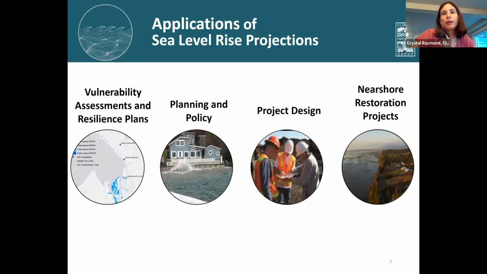And the decisions that need to be made in terms of choosing which numbers to use are similar for all these applications, but there's different factors that you might consider depending on which use you are interested in or working on. We also want to acknowledge that potentially all these uses may be going on in one organization at the same time.